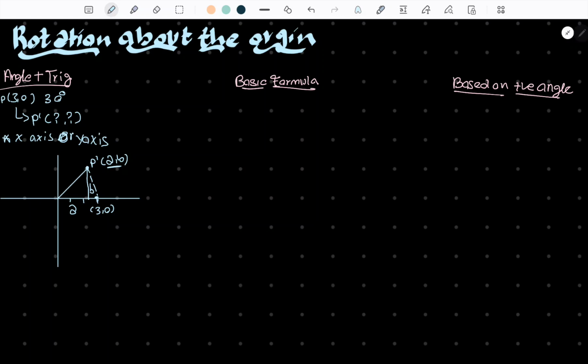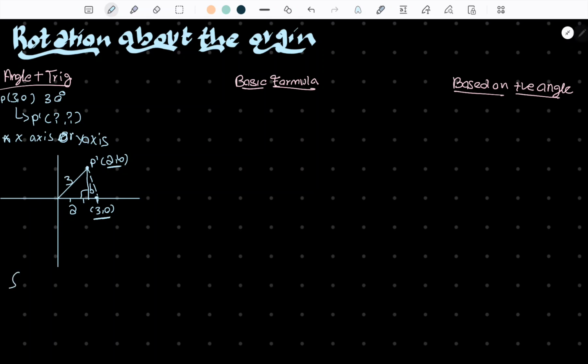As you can see, it did make a 90 degree over here, and this 3, 0 is going to be the same throughout the rotation. It doesn't really change, so you can just take it as a radius. So this is 3.